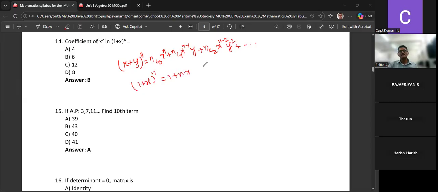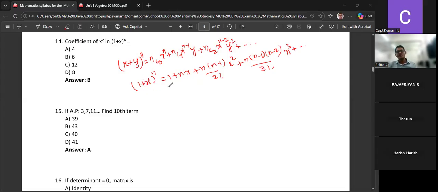So in the place of x, we take the number 1, so (1 + x) to the power n is 1 plus nx plus n into n minus 1 by 2 factorial x square plus n into n minus 1 into n minus 2 divided by 3 factorial x cube plus so on. You can use either the first formula, but actually the second formula is derived from the first.